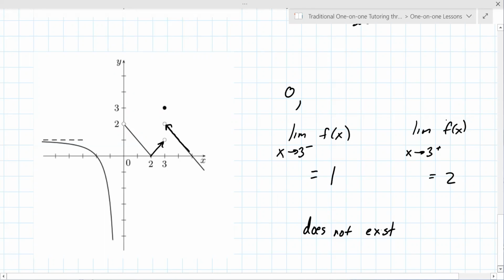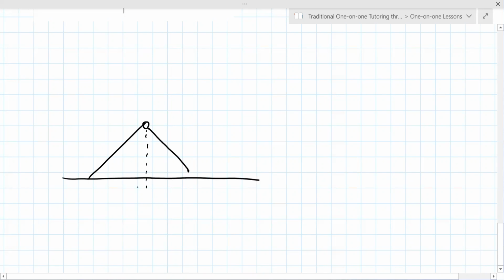Now this graph doesn't contain one, so I'll make a graph here that does. There's that, and we'll call this, I don't know, A. What is the limit as x approaches A from the left? And I guess we need a number here. Call this 4.